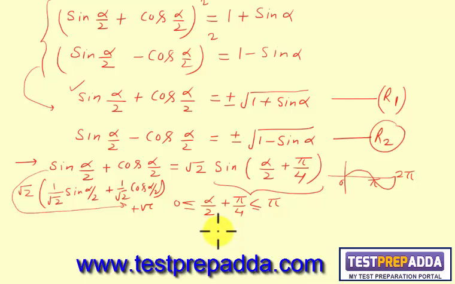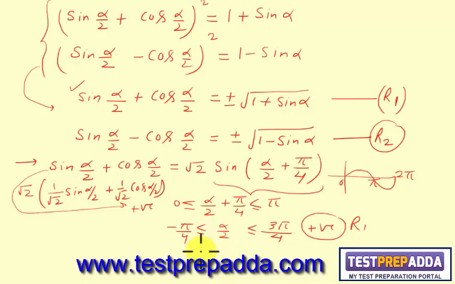If I find in terms of alpha, then alpha by 2 will be less than or equal to 3 pi by 4, and here it will be minus pi by 4. Here the expression will come positive. I am talking about relation 1 only.